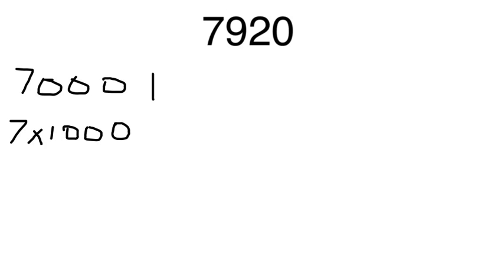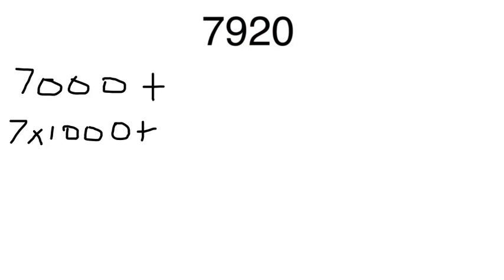When you're doing this without a place value chart, you just need to pay attention to what your place values are. So I always know it goes ones, tens, hundreds, thousands. So my 7 is in my thousands place, which I could write as 7,000, or I could write it as 7 times 1,000, because that's the same thing as 7,000. Then I'm going to add on to that with the next place value. Again, ones, tens, hundreds.